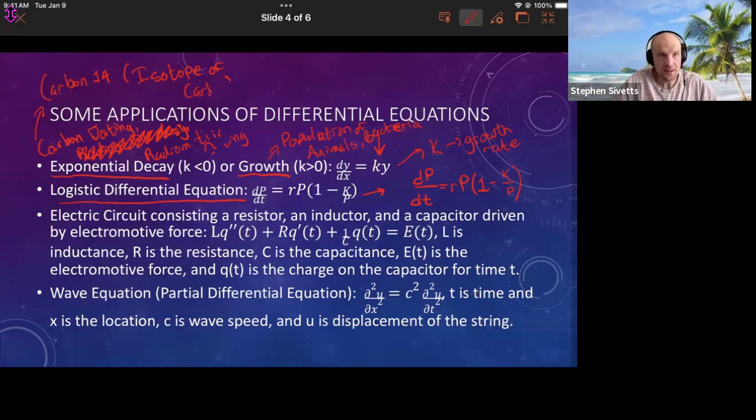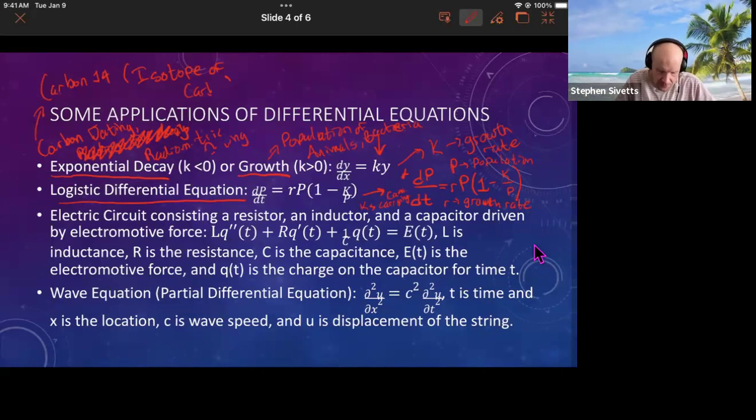So this is the logistic differential equation. r is the growth rate, P is the population at time t, t is labeled in years, and k is what's called the carrying capacity.